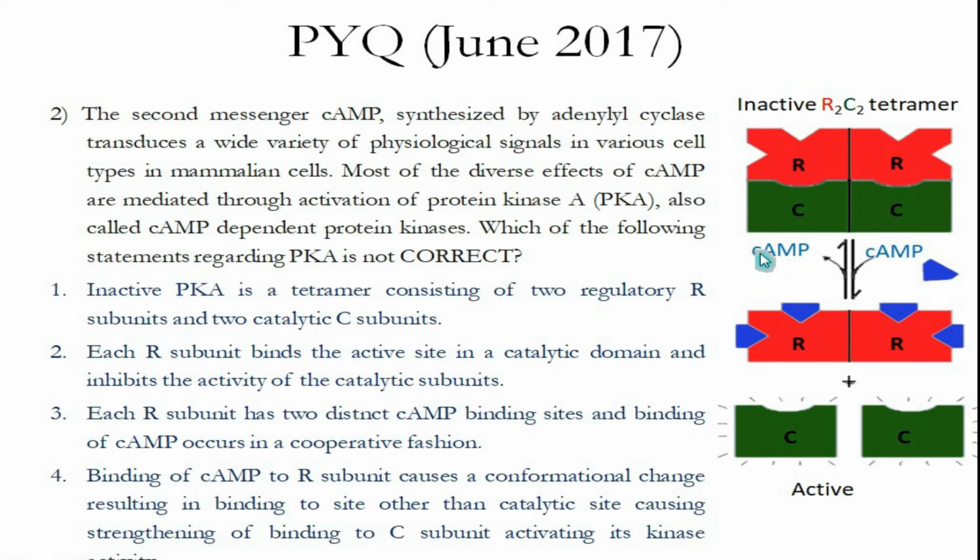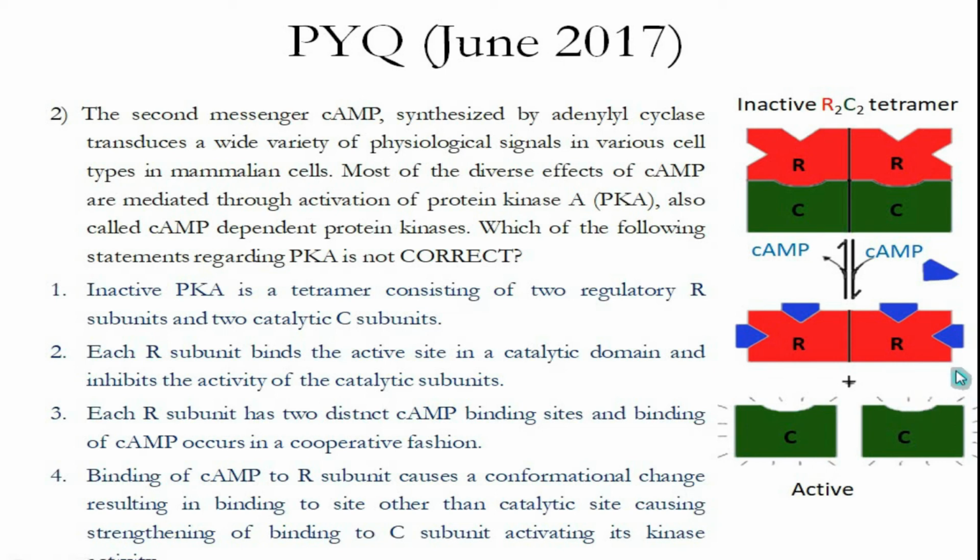Then cyclic AMP binds to the regulatory subunit. When cyclic AMP binds to the regulatory subunit, what happens? The autoinhibitory domains are buried. It causes a conformation change, and the catalytic subunit dissociates from the regulatory subunit, and this becomes active PKA. This is the open substrate binding site.